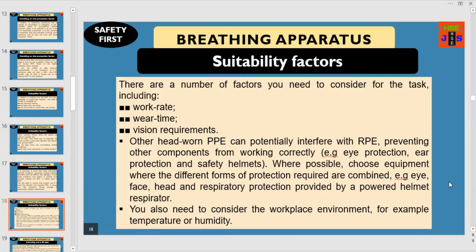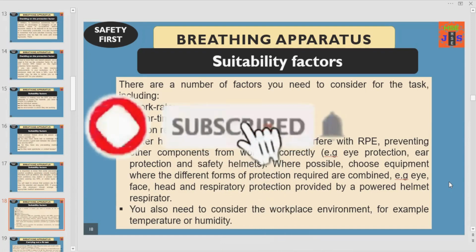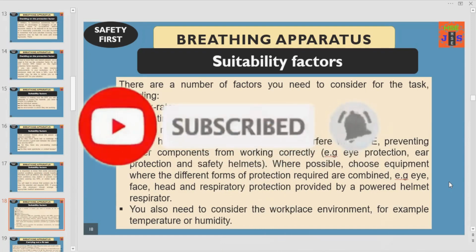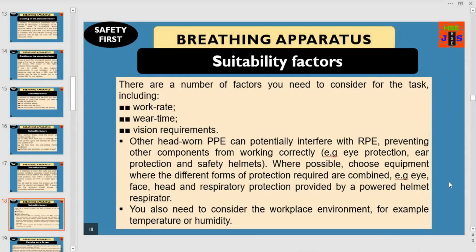Dear friends and fellows, let us discuss now the suitability factors about the task. There are a number of factors you need to consider for the task, including work rate, wear time, vision requirements, and other head-worn PPE. Personal protective equipment can potentially interfere with respiratory protective equipment, preventing other components from working correctly, for example, eye protection, ear protection, and safety helmets.